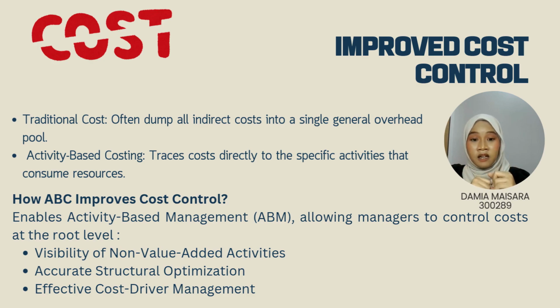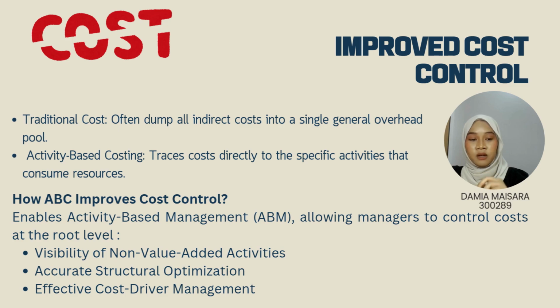First, visibility of non-value added activities, where managers can differentiate between value added activities, which are those the customer is willing to pay for, and non-value added activities such as excessive material handling, setup delays, or redundant inspections. Once identified, non-value added activities can be systematically streamlined or eliminated. Next, accurate structural optimization.